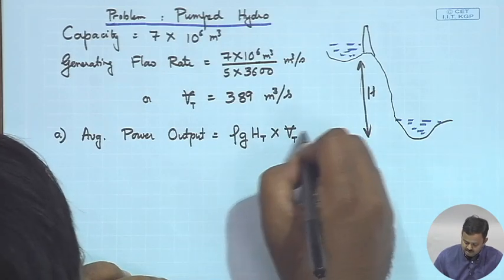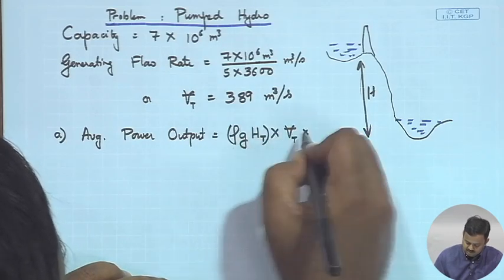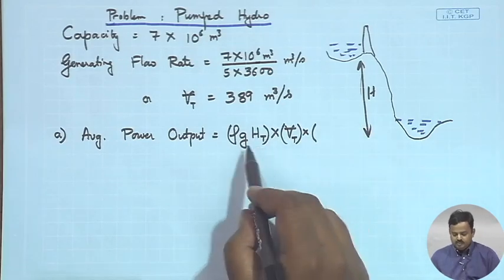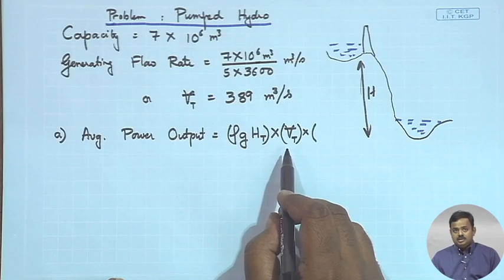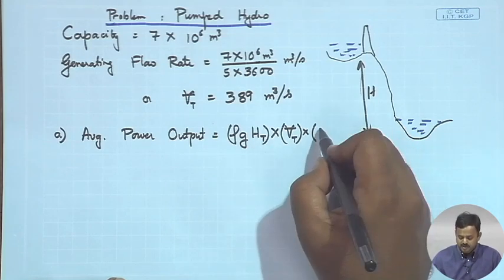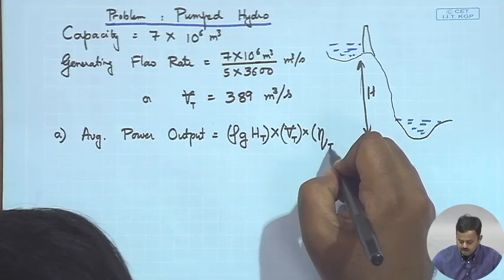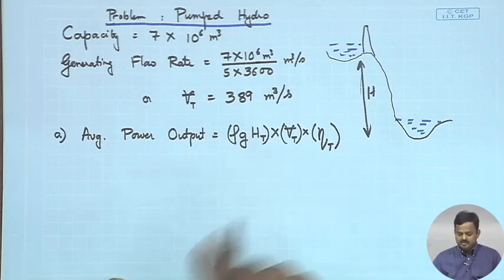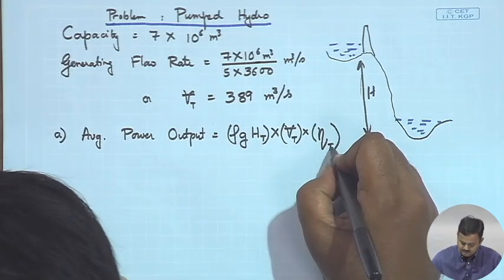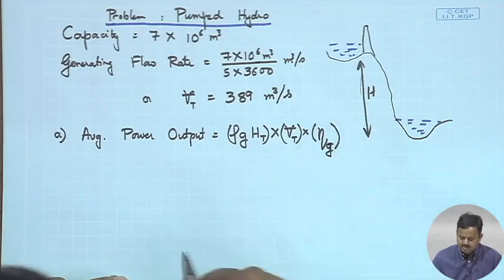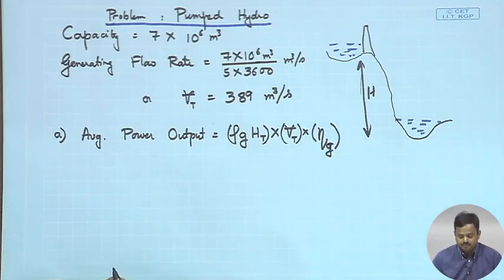And then what? This is the flow rate, times the output. This is the input to the turbine, so for the output we have to multiply that by the generator efficiency. I will write it as eta g, the generator efficiency is given as 90%, clear.